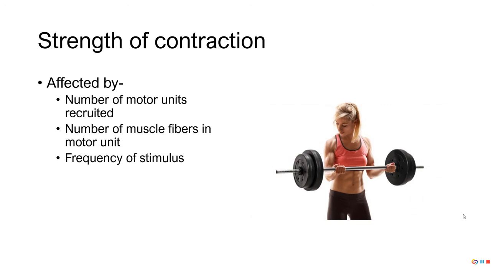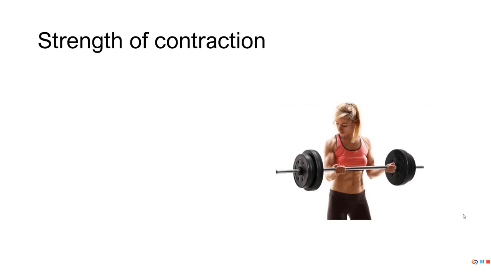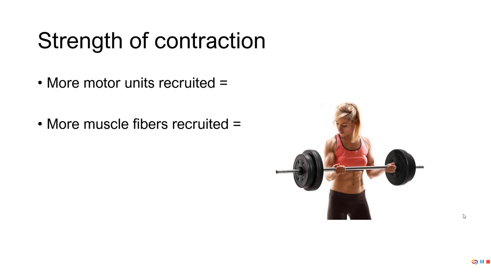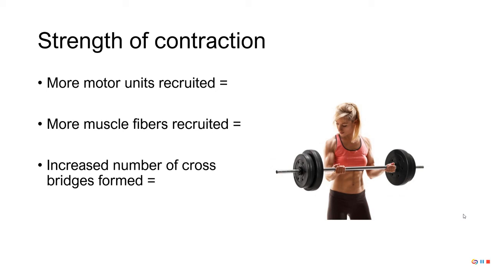Even though a muscle fiber contracts maximally, if we stimulate it quite frequently, it will actually generate a greater force. The way this works is, more motor units recruited equals more muscle fibers being recruited. That means we've got larger numbers of cross bridges being formed. More cross bridges equals more force equals a stronger contraction.